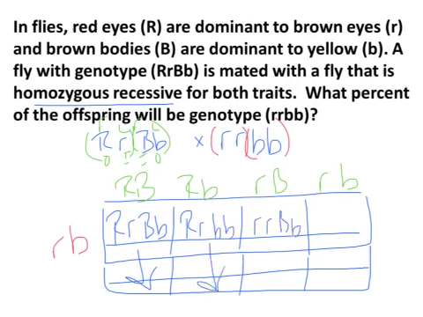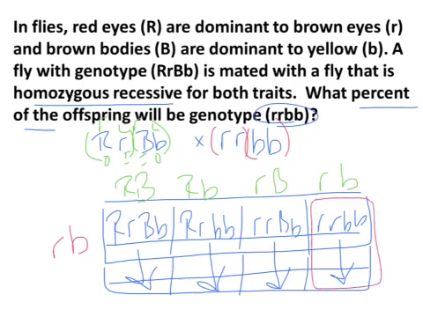So I'm going to see these same offspring chances all the way down. My question was, what percent of the offspring are going to be little r, little b, little b? Well, all these guys over here are. So out of 16, that's 4 out of 16, which is 25%.